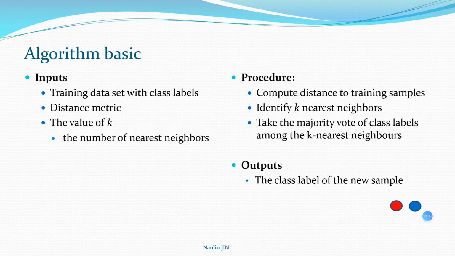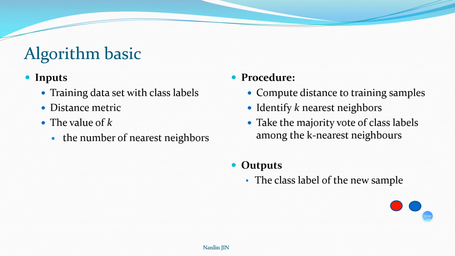And the value of k, as we said, may make a difference in which class an object belongs to, especially on the border. The output is that we tell people whether the black square in the diagram belongs to the blue group or the red group. So that is the output of the algorithm.